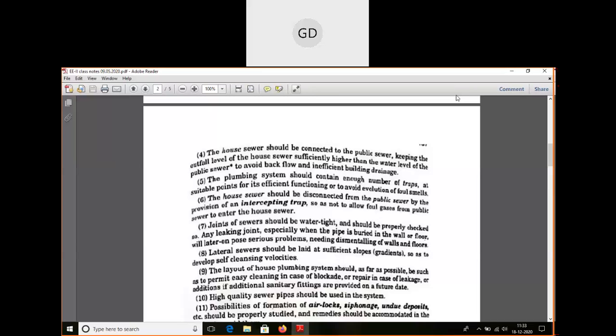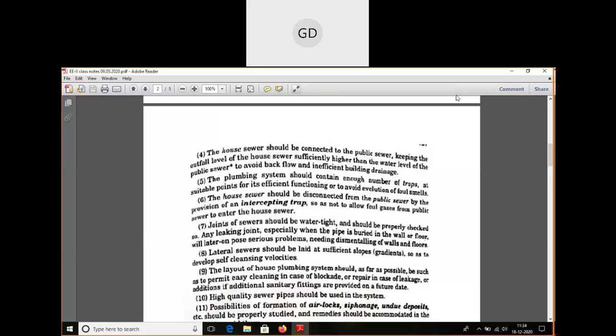Now next is the house sewer. It should be disconnected from the public sewer by the provision of an intercepting trap, so as not to allow foul gases from the public sewer to enter the house sewer. This intercepting trap is also a part of the trap.